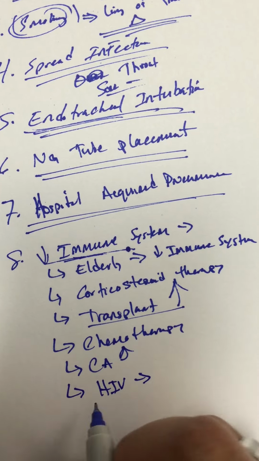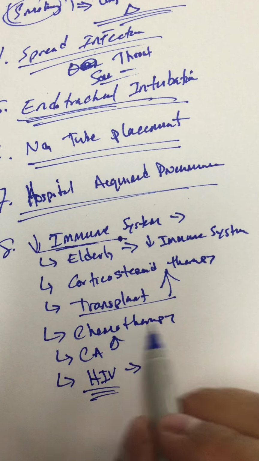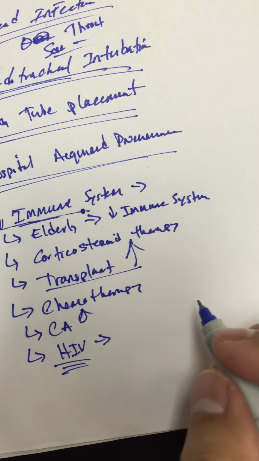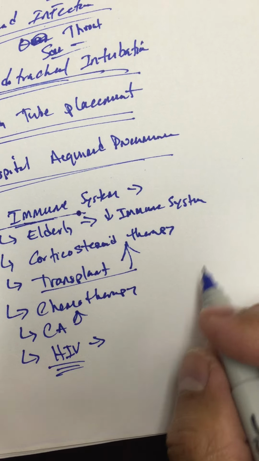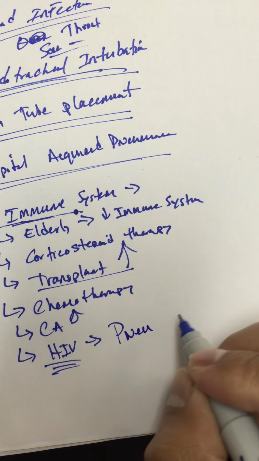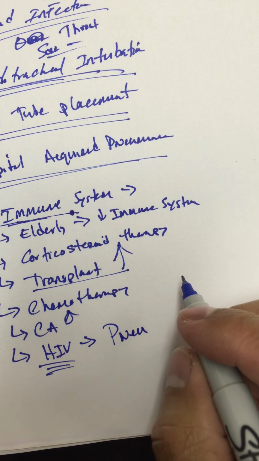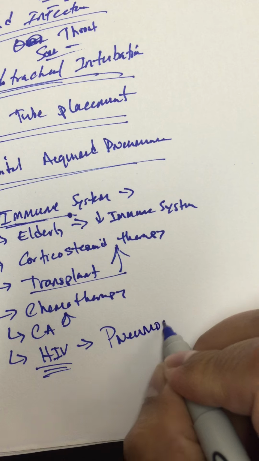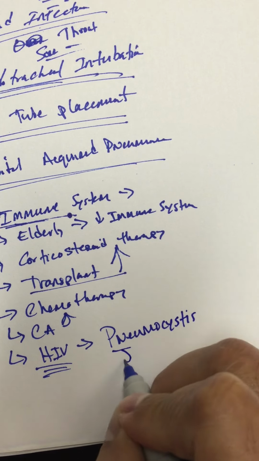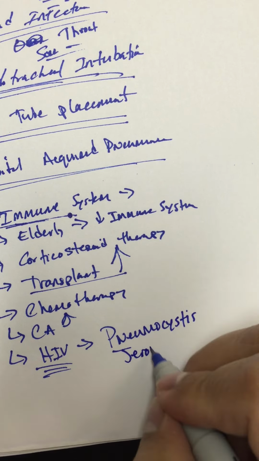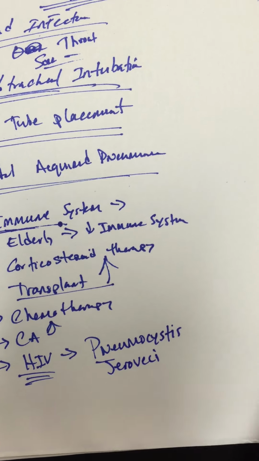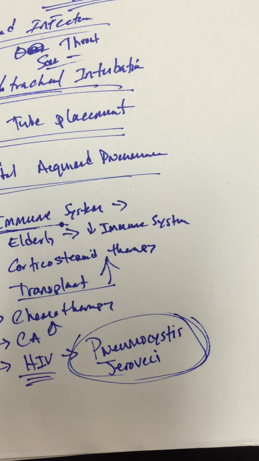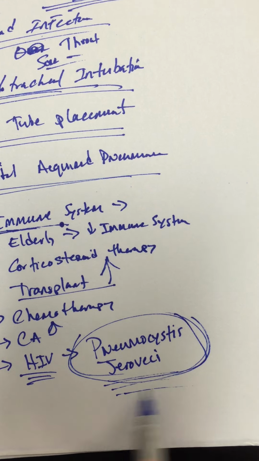HIV patients. Now with HIV patients, the one pneumonia that you always worry about, that you must know for the NCLEX, we've seen in a lot of practice questions, is something called Pneumocystis jirovecii. Now, in most patients that are affected by this, it's no problem because your own immune system will rid your body of it.